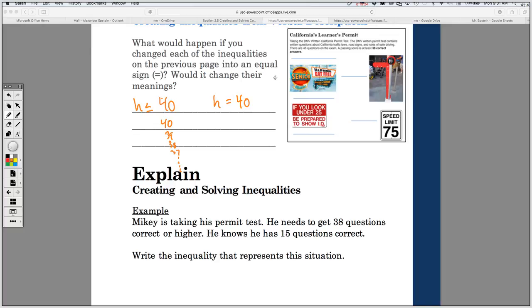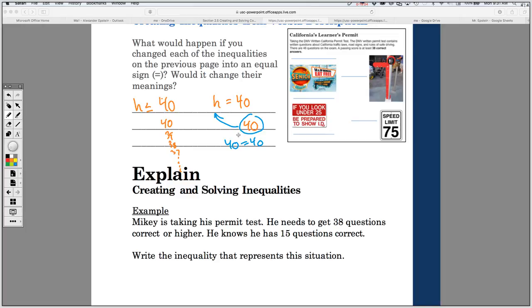So what about this? What would be the list here? There's one number. What's that number? 40. And the list stops. So 40 is your only answer. Here they're telling you how many answers you could have. Because with this one, I would take 40 and plug it back in and it gives me a true statement, right? 40 equals 40.